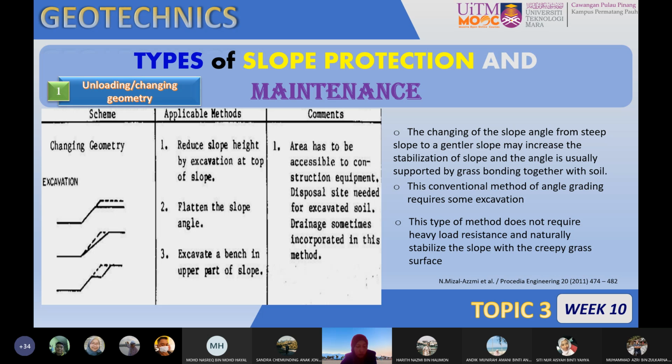So this conventional method of angle grading requires some excavation. This type of method does not require heavy load resistance and naturally stabilizes the slope with creeping grass on the surface. So as I said again, this is a very simple job. You just cut the slope, and then lastly you place vegetation on the slope face.